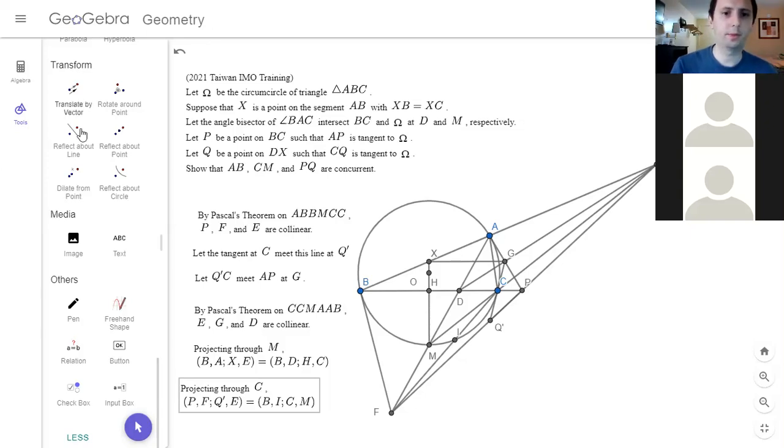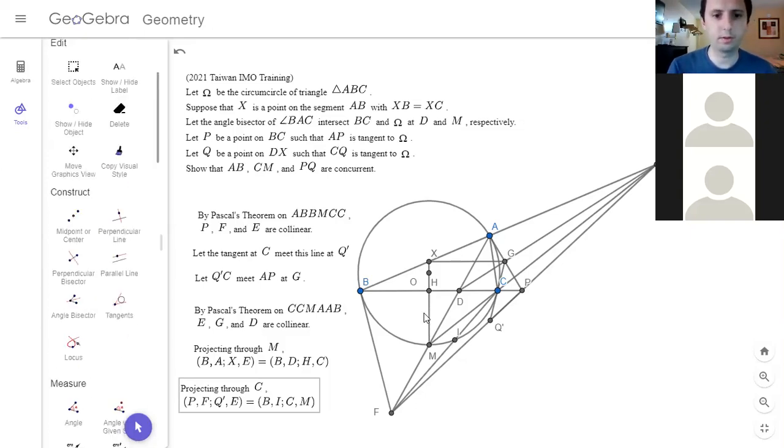So basically that means, you know what that means? Because BDHC, we could project through A and we would get BMC in this point.